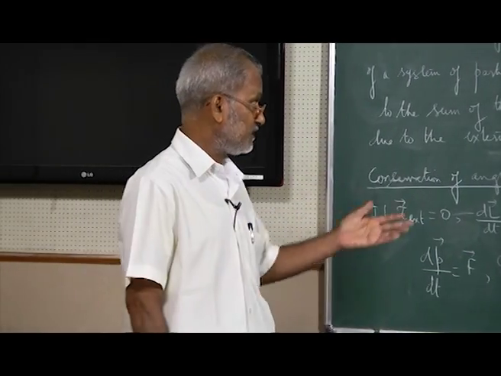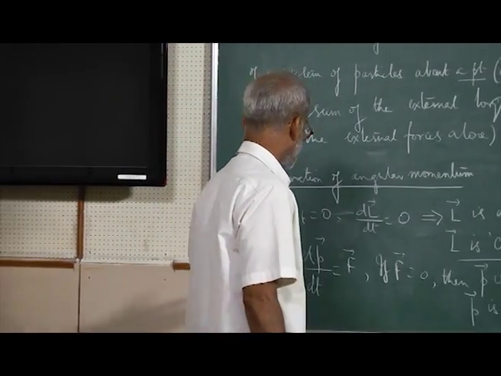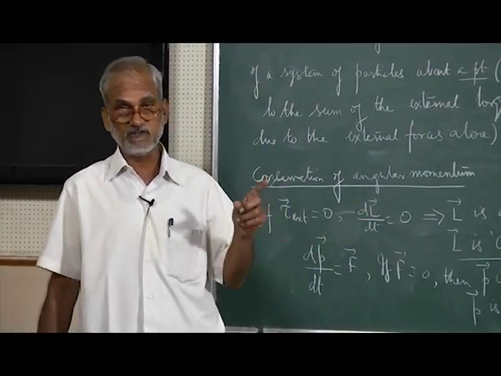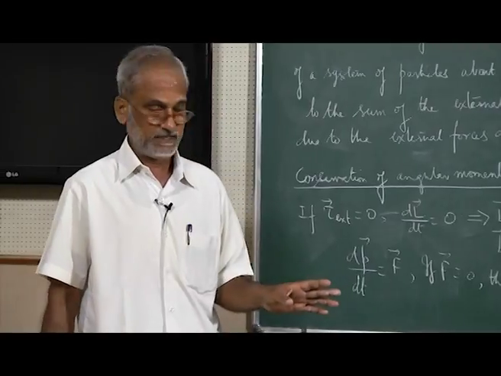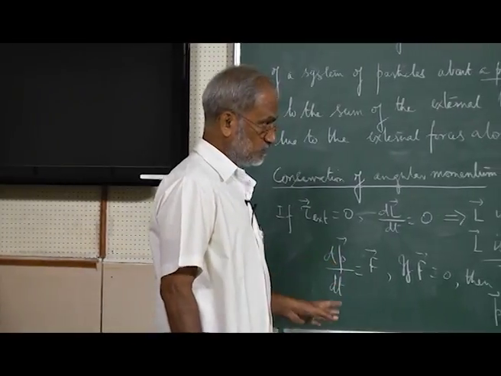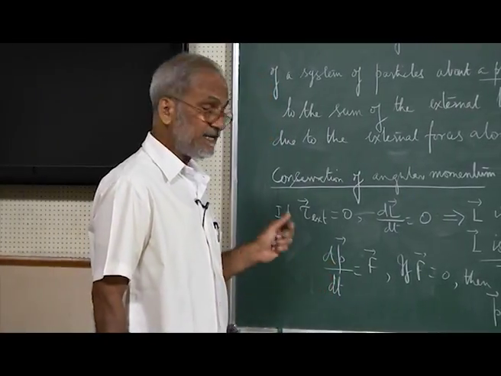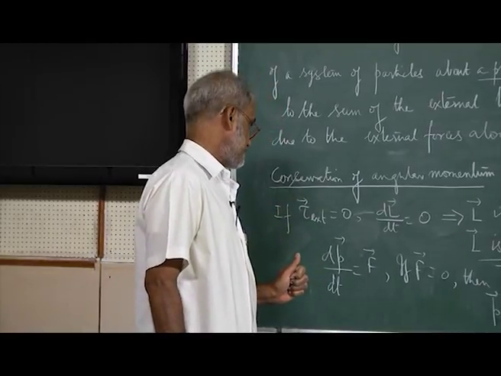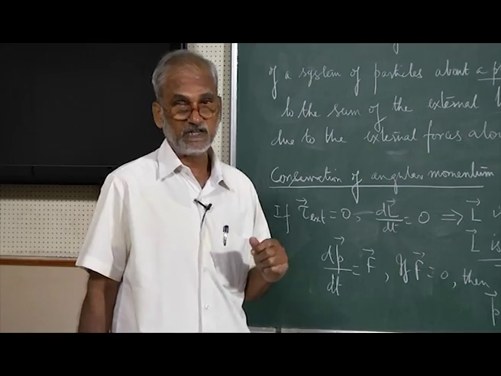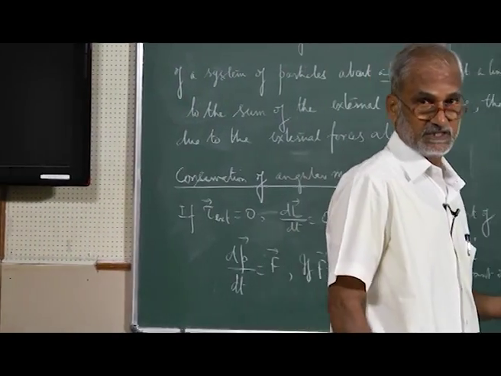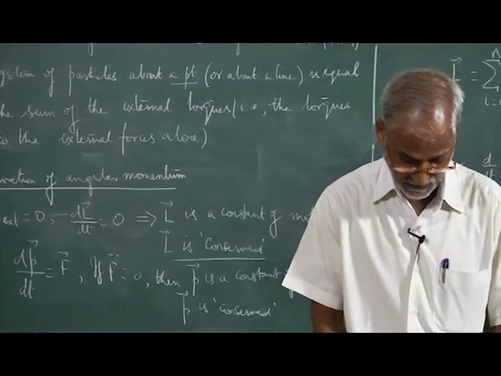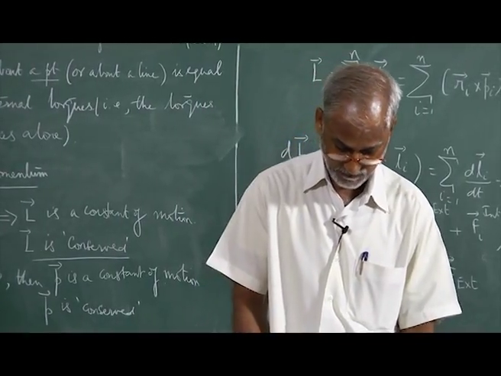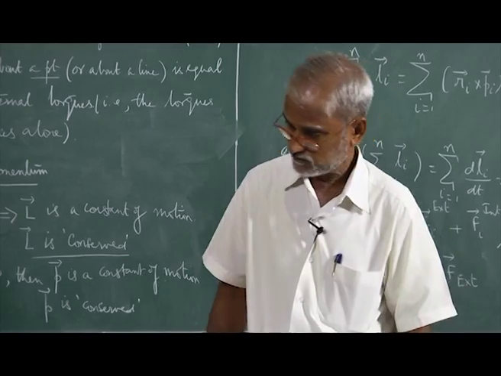The total momentum is vector p1 plus vector p2 etc. So when is orbital angular momentum a constant of motion? When the external torques vanish.